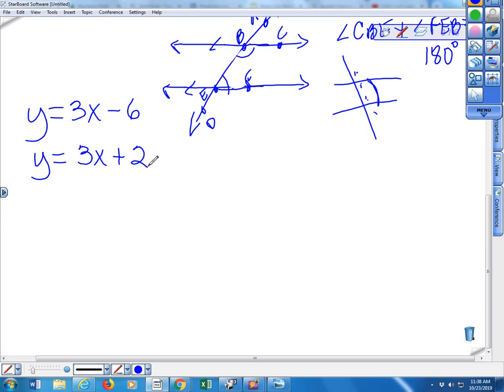First, do they look parallel to you from looking at the equations? Yes. That's the equation of the two lines. Find the distance between them.